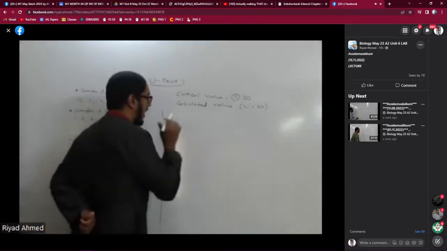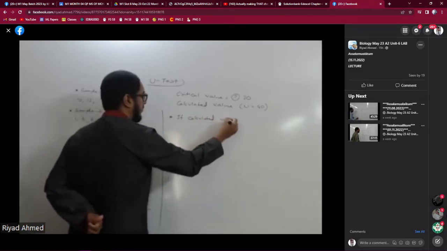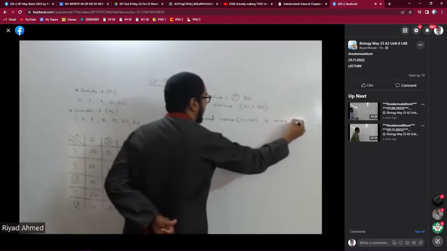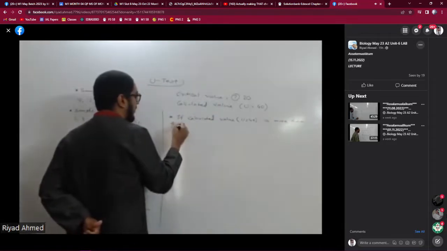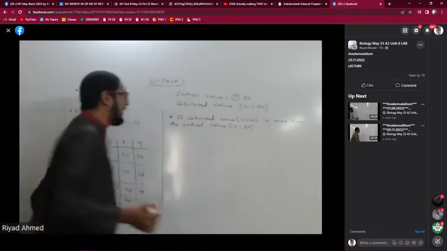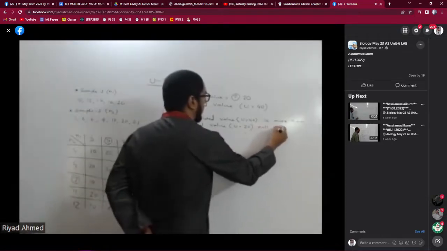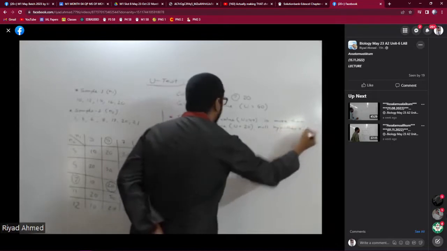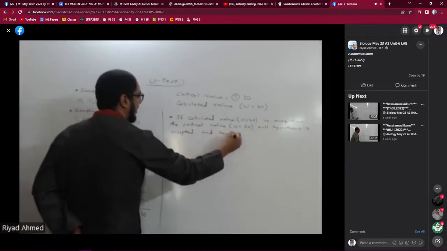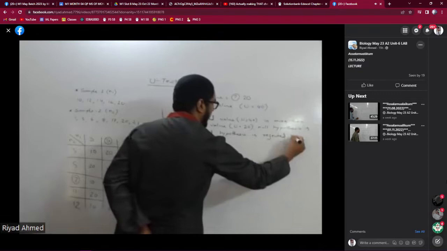Now think, how do we analyze the U-test? If the calculated value is more than the critical value, the null hypothesis is accepted and the hypothesis is rejected.